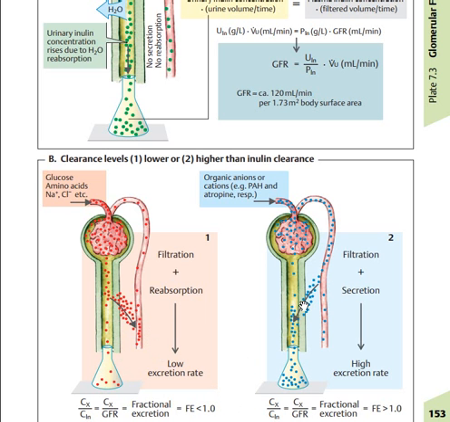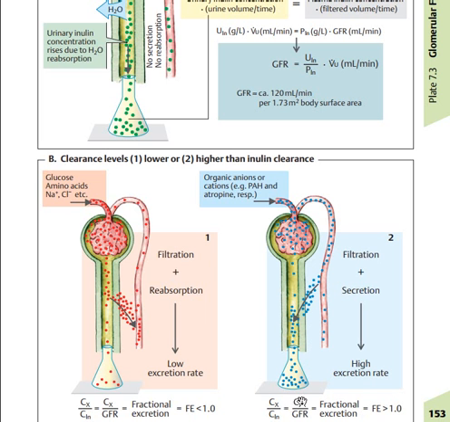Now in this other case, the amount of the substance present in urine will depend on the filtration and on the secretion. We see that filtration plus secretion is greater than just filtration. So in this case, the fractional excretion will be greater than 1.0 when the substance is secreted inside the filtrate.